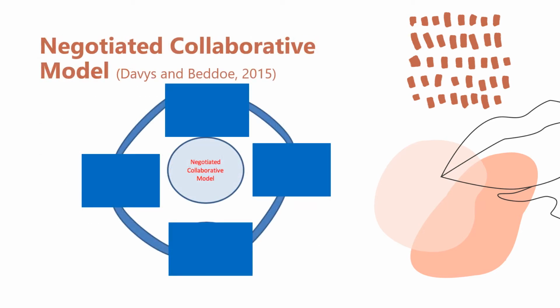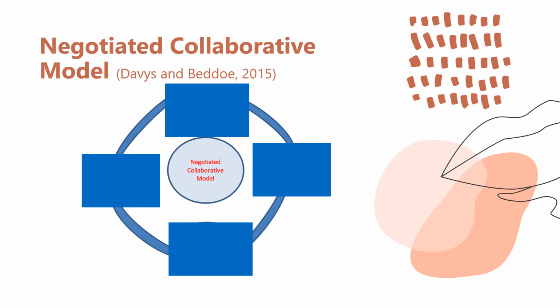So let's turn our attention to Davies and Beddoe's negotiated collaborative model. It's a 4-step process of live observation that can help to reduce the student's anxiety by inviting the student to join with yourself as the work-based supervisor to identify the parameters of the observation, that is the purpose, the roles and the process, and also to participate in the evaluation and feedback and to commit to future action.